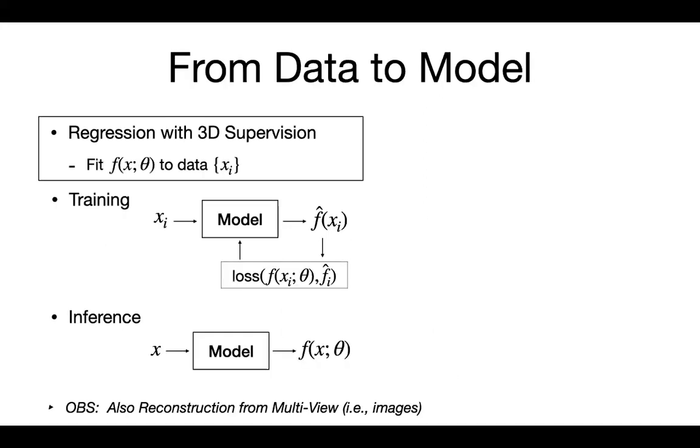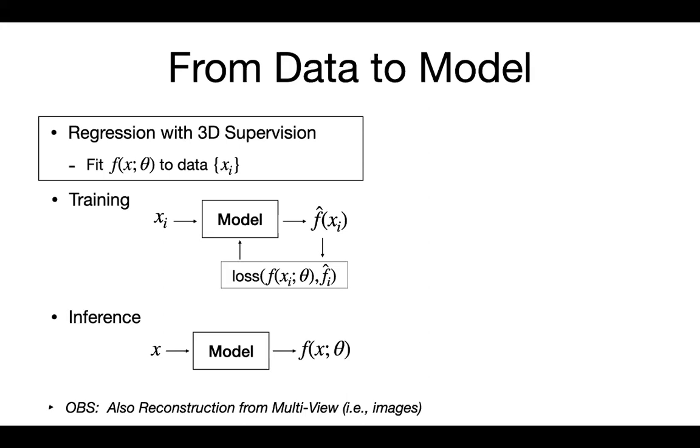And so how do we implement that? We have to go from data to models. Essentially, we want this neural network to represent a function. So in that sense, we are doing regression with 3D supervision. We want to fit this neural network f of x with parameters theta to some data set x_i, which are the coordinates of points with the corresponding values, right?